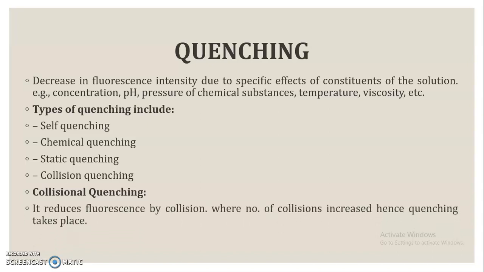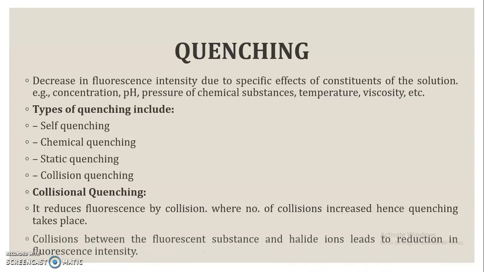Now what is the meaning of collisional quenching? It reduces fluorescence by collision, where the number of collisions increases, hence quenching takes place. Whatever molecules are present in our sample, due to the collision between these molecules, as well as the molecules colliding on the surface of our sample cell, a decrease in the intensity is observed.